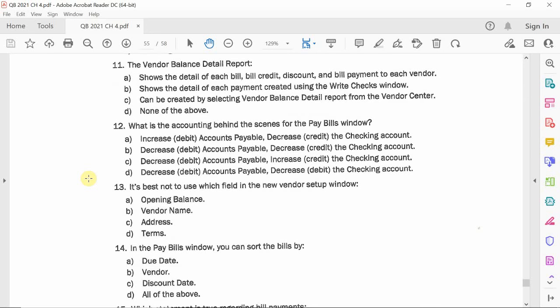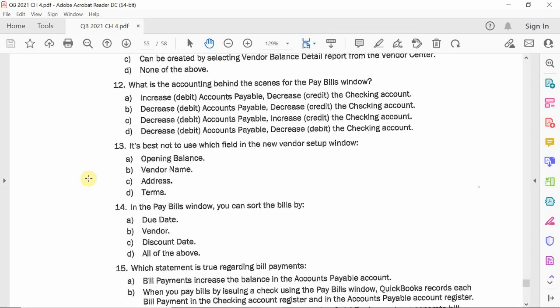The way that you lower a liability is by debiting this account. And it says right here, you're going to be decreasing credit to a checking account. In this case, with the checking account, we're making a payment. We're losing money. We're spending our money. So in order to decrease an asset, we have to use a credit. So B is the correct answer.